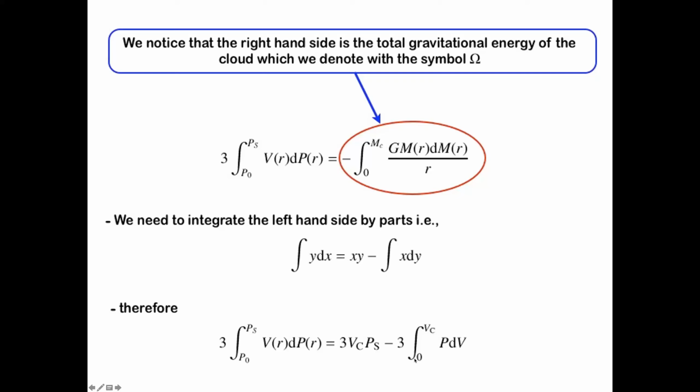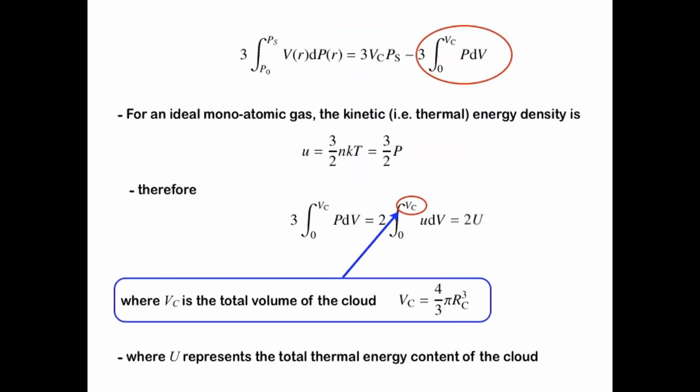So you have minus 3 times the integral between 0 and V_c of the pressure times dV. So you have the integral in the volume of the pressure. Okay, so this is just the integration by parts. I rewrite the expression here just to make sure that it's not lost immediately and to follow.